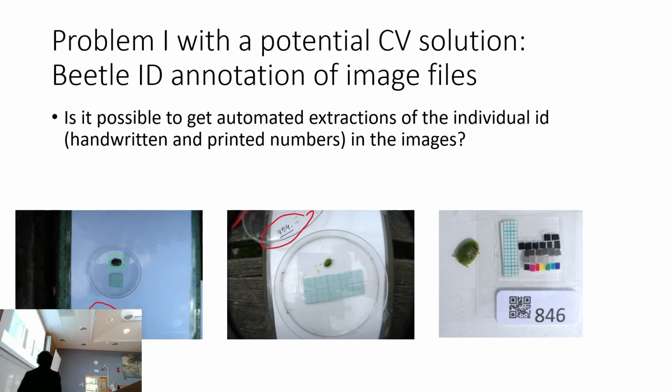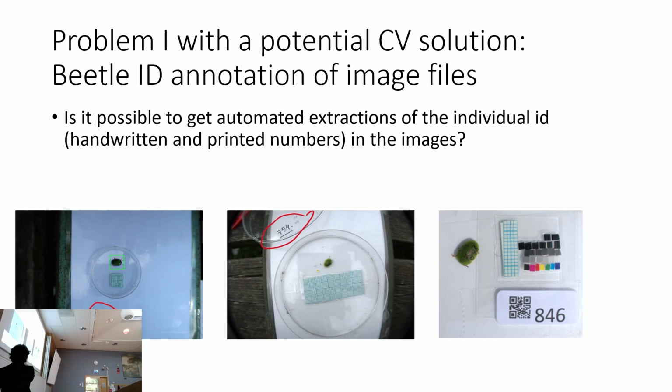And we have started using QR codes, but the problem is that it's easy to do that when we find a beetle the first time. We have the label, they get their new ID, all is good. And then next time we retrap that beetle, suddenly we don't have that label anymore. So then we usually just do a handwritten note on which ID the beetle has, and we add that to the picture.